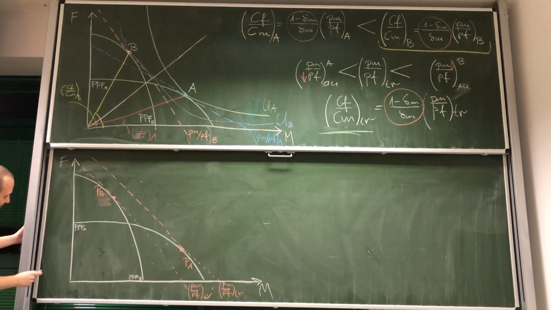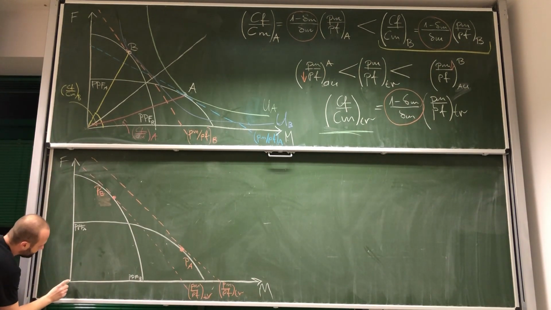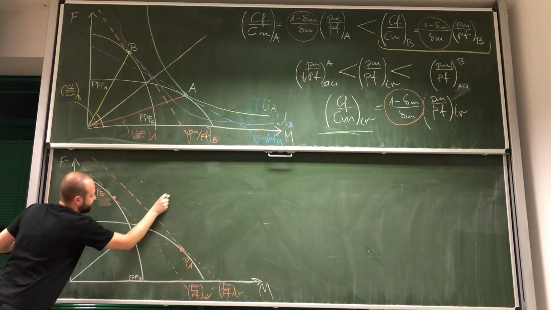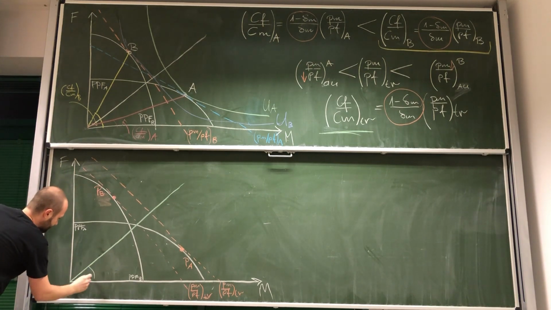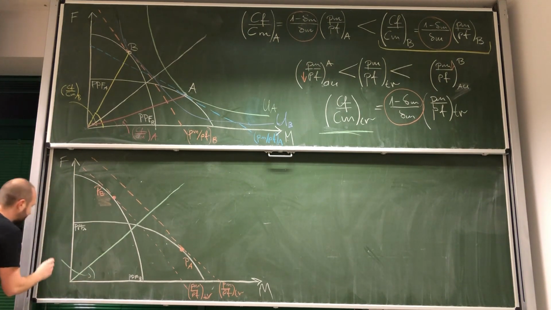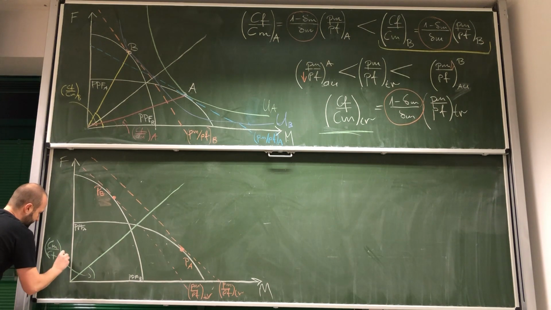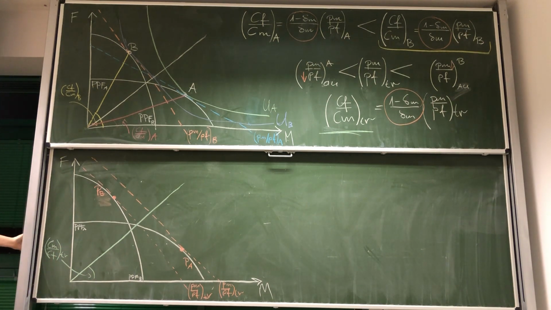What I would have to do is to draw a line from the origin, and the slope of this line would be given, of course, by Cm over Cf, Ti.